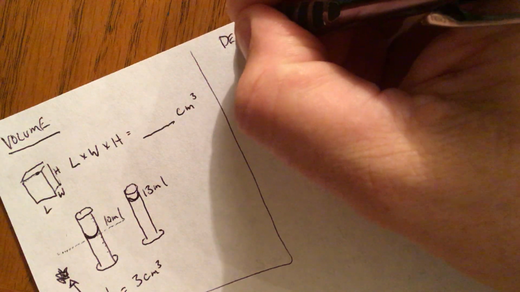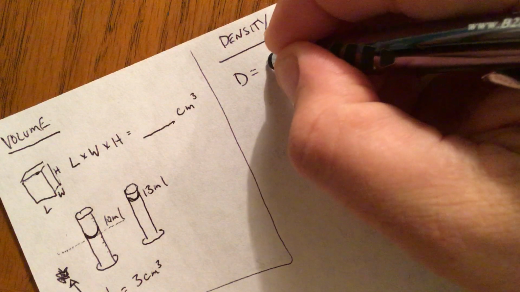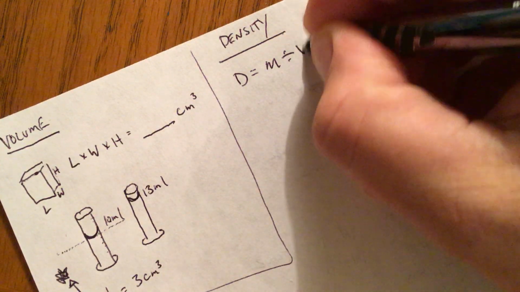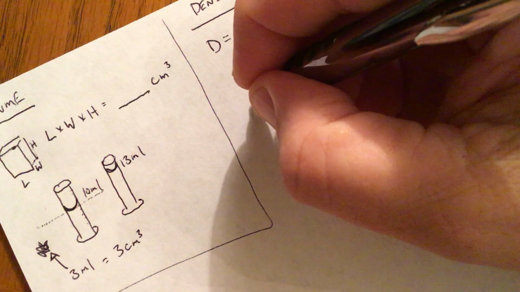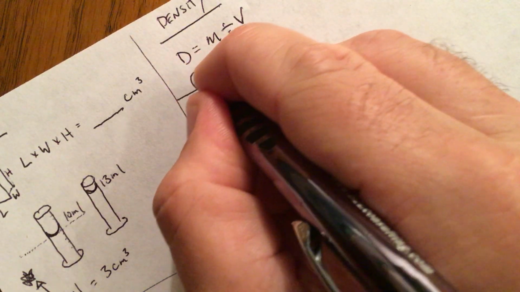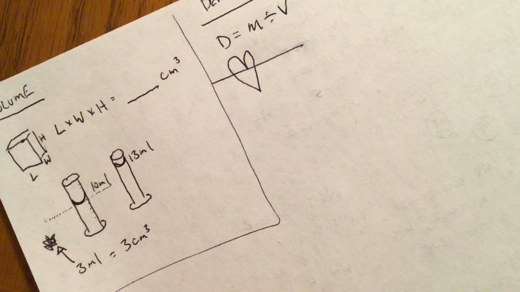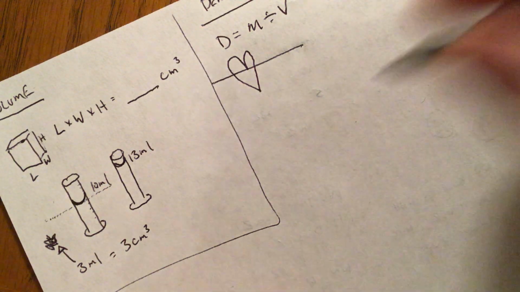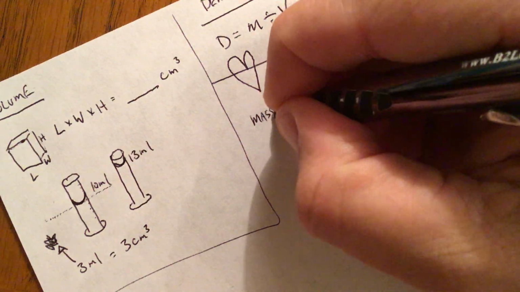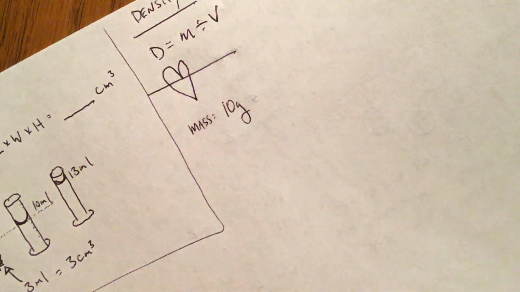Volume is related to density. Density equals mass divided by volume. A cute way to remember that is to draw a heart and then put a line through it, and you get M over V. Density equals mass over volume. So in a problem, you might be given the mass of a substance. The mass of that substance, let's just say, is 10 grams.